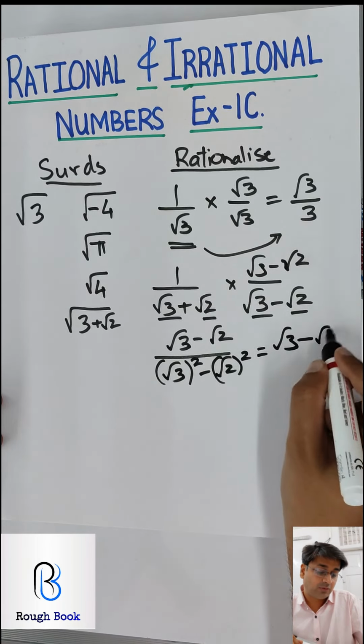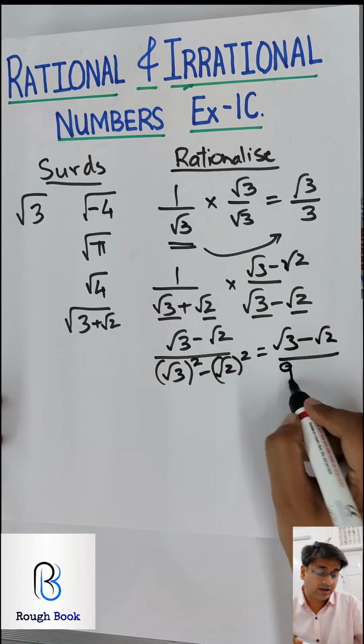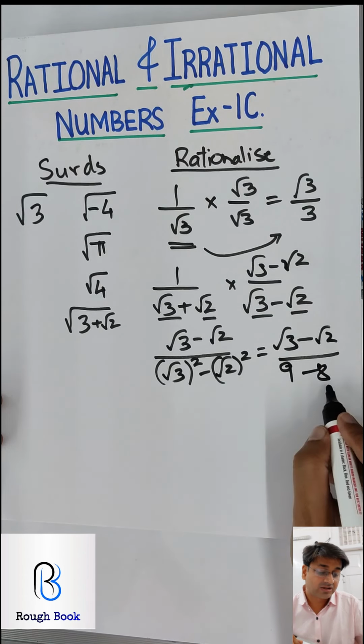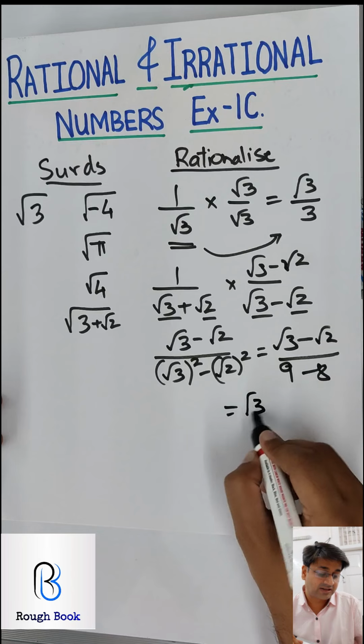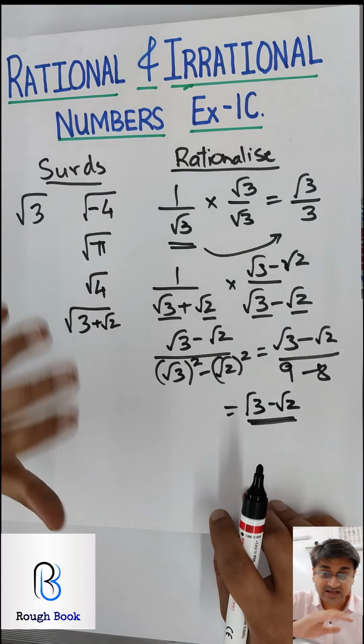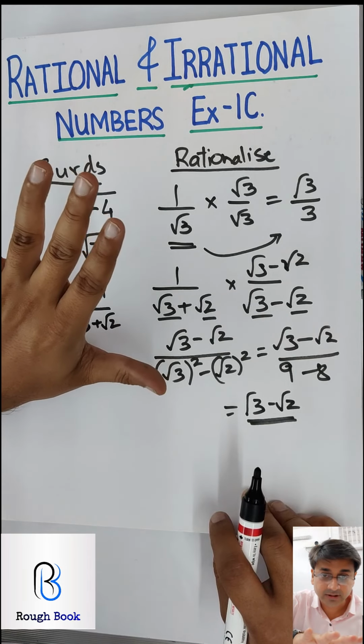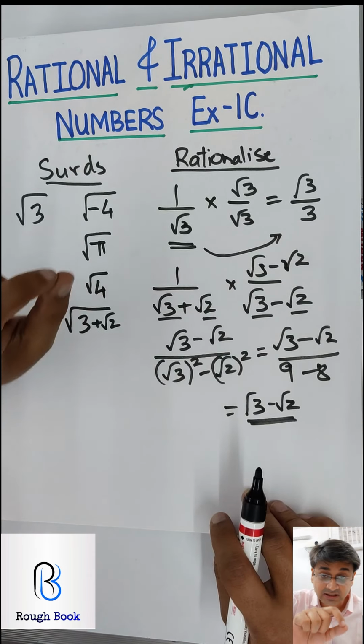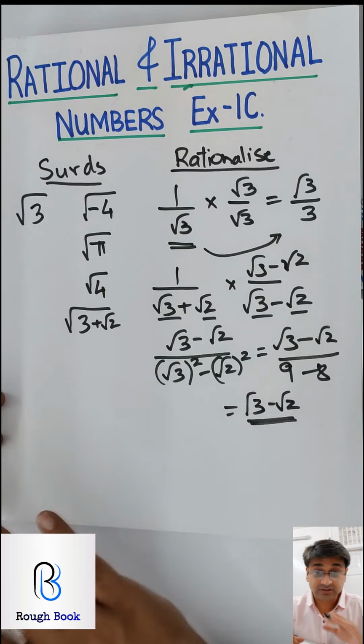So automatically what do we get then is 3 square 9, minus 8. So your roots are gone, it becomes 1. So the final answer is root 3 minus root 2. So the denominator is rationalized. Rationalizing does not mean removing the denominator. Rationalizing means just getting rid of the root, that's it.